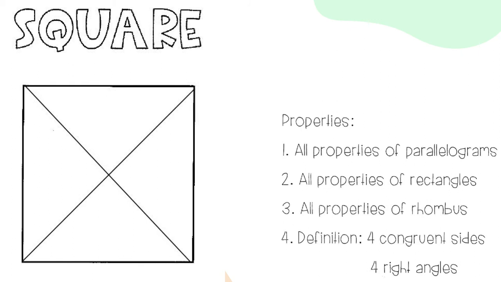For a square, notice that we have all the properties of a parallelogram. We have all the properties of a rectangle. We have all the properties of a rhombus. But the 2 specific things that make this a square is that I'm going to have 4 congruent sides, and I'm going to have 4 right angles.